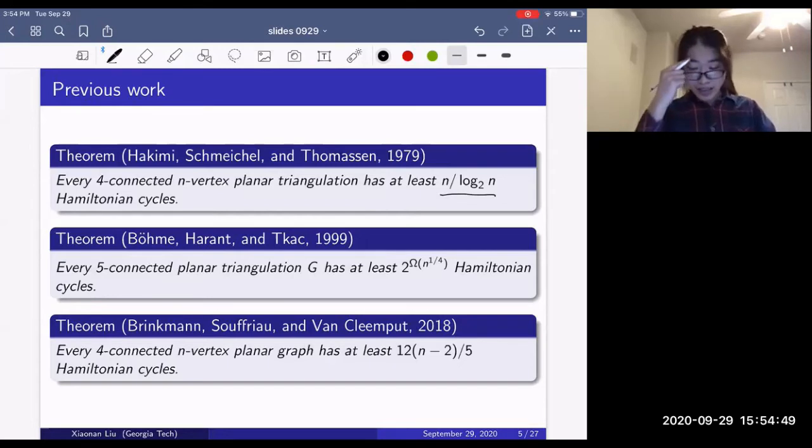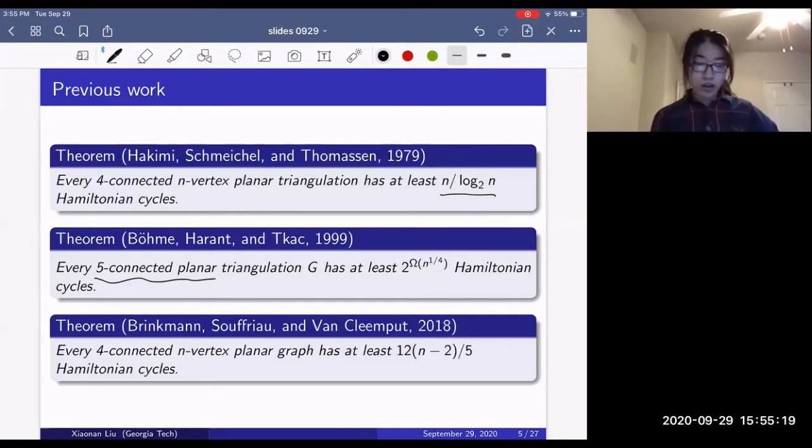And in 1999, Biedl, Kant, and Tuck showed that every 5-connected planar triangulation G has at least 2 to the omega of n to the one quarter Hamiltonian cycles. So for 5-connected planar triangulations, we can have an exponential bound, so it has a lot of Hamiltonian cycles.